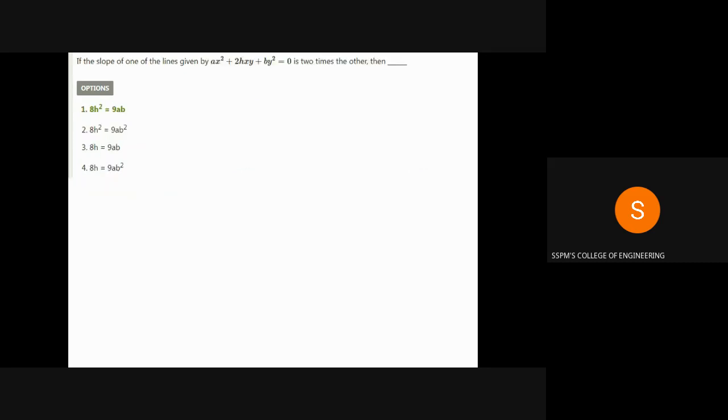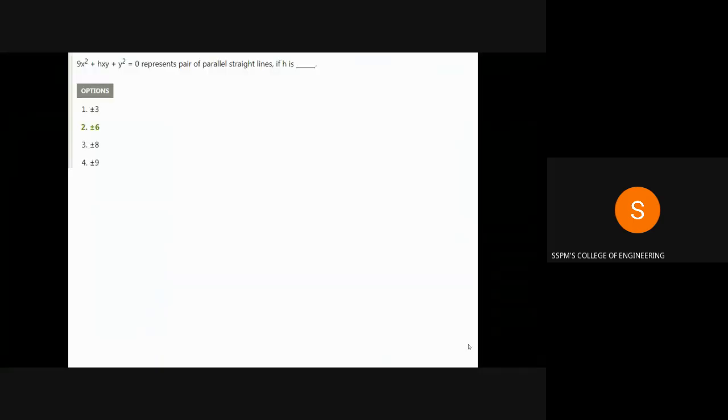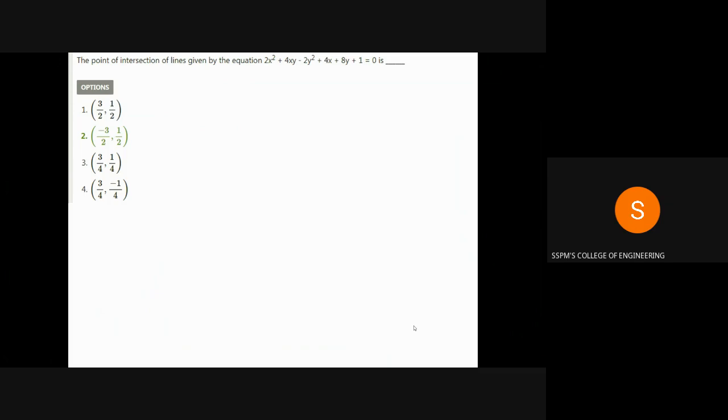Okay. Now, next question. If the slope of one of the lines given by ax square plus 2hxy plus by square is equal to 0 is twice the other, then we have to find the equation.